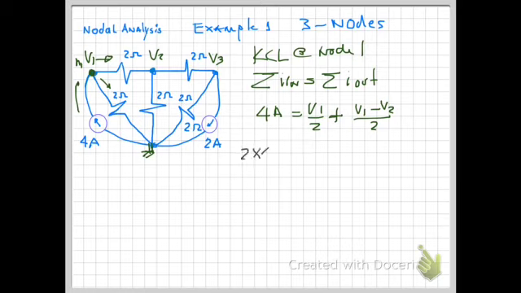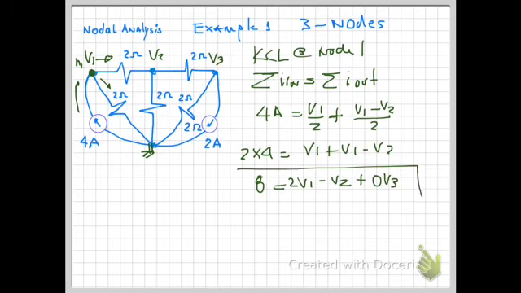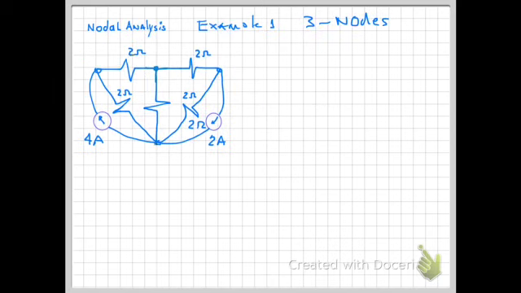So 2 times 4 gives us V sub 1 plus V sub 1 minus V sub 2. We multiply the 2 on the other side of the equation to leave this in a better form. So we have that 8 is equal to 2 V sub 1 minus V sub 2, and since we also have a voltage V sub 3, we can just say plus 0 V sub 3, and that's equation number 1.